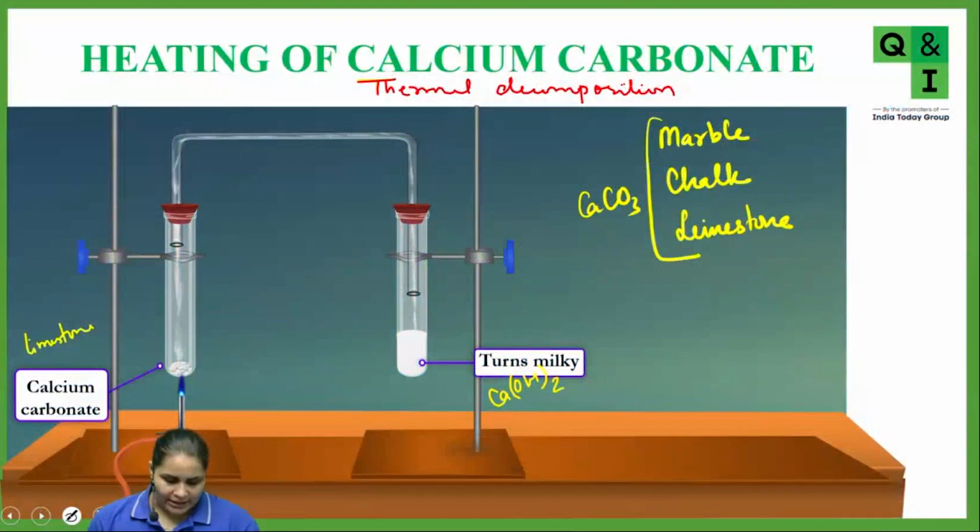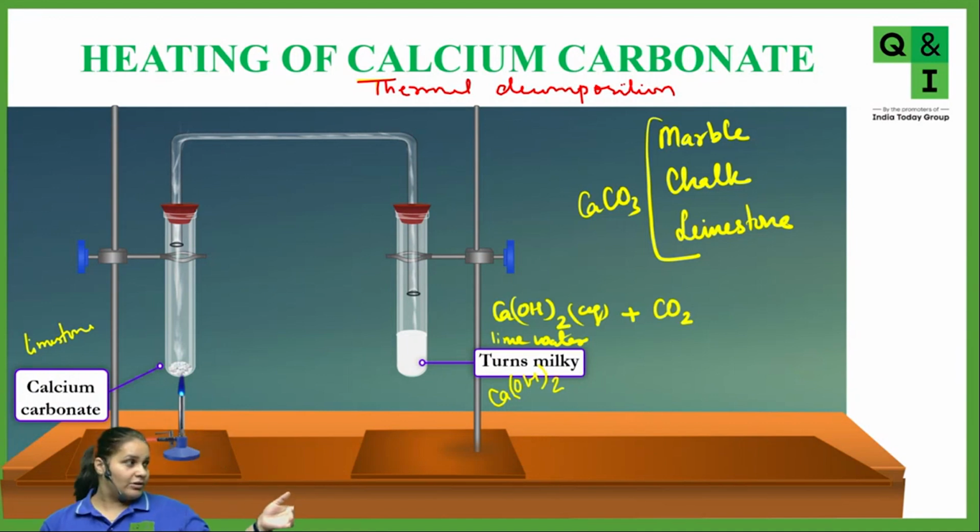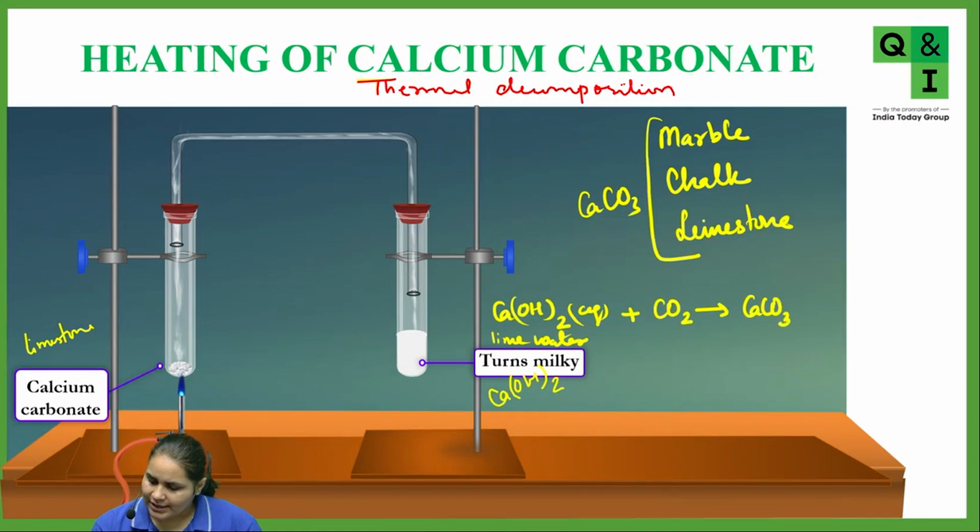The reason behind it is that calcium hydroxide, that is your lime water, reacts with carbon dioxide, which was evolved during the decomposition of calcium carbonate, and it forms calcium carbonate plus H2O.